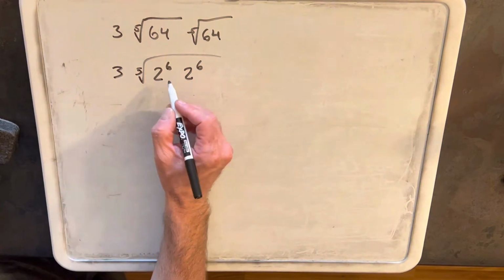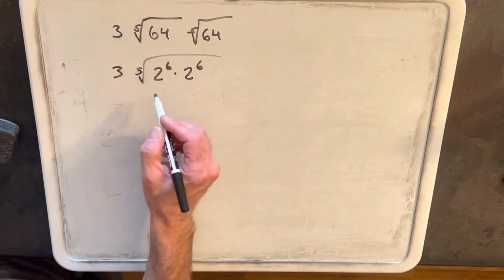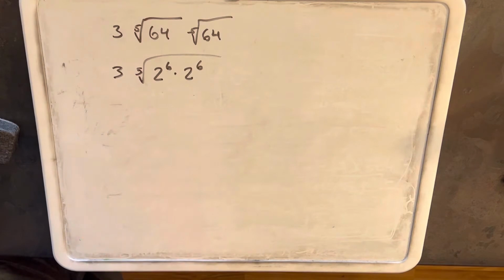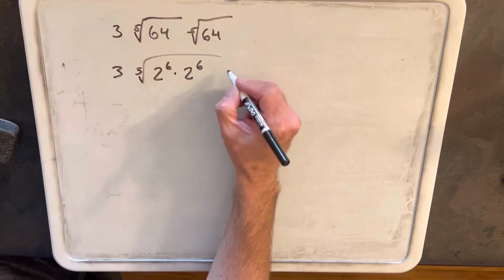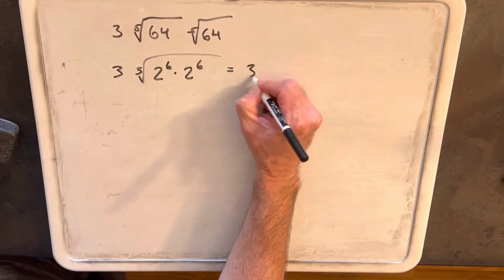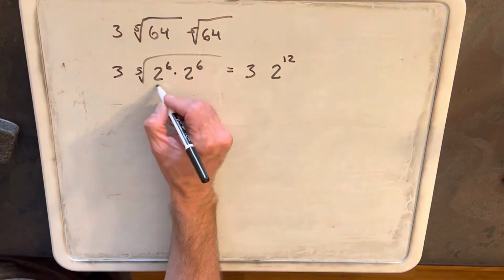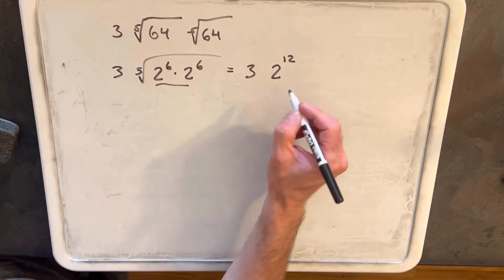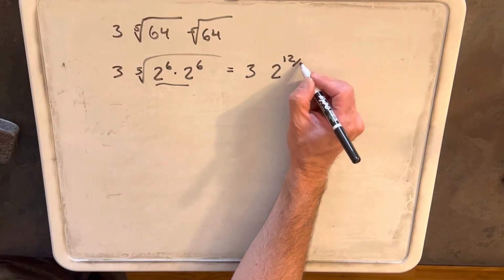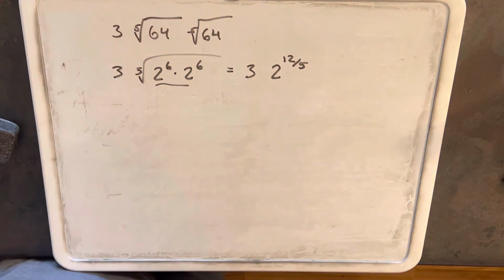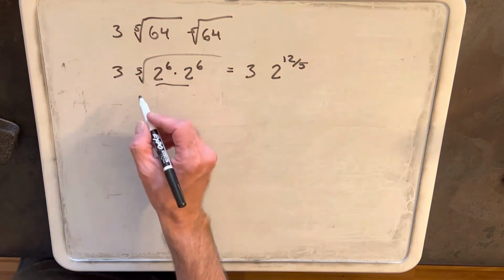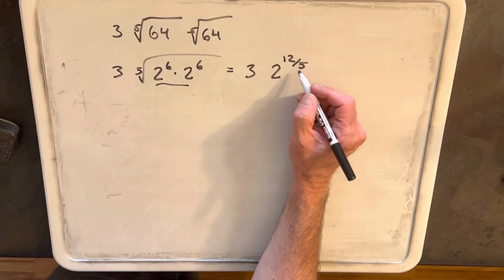So we can write 64 as 2 to the 6th, and then we can write them both under the radical, and then adding, we can add the exponents. We get 2 to the 12th. We can put the 5th root of the 12th, so we can just write it as an exponent like this.